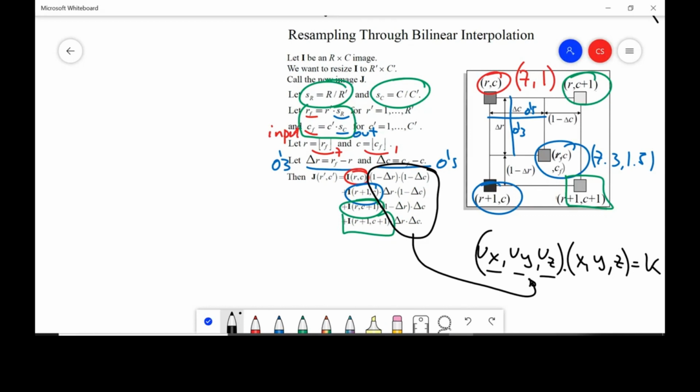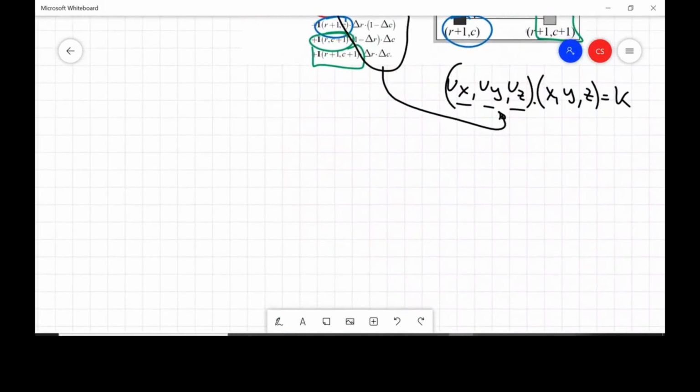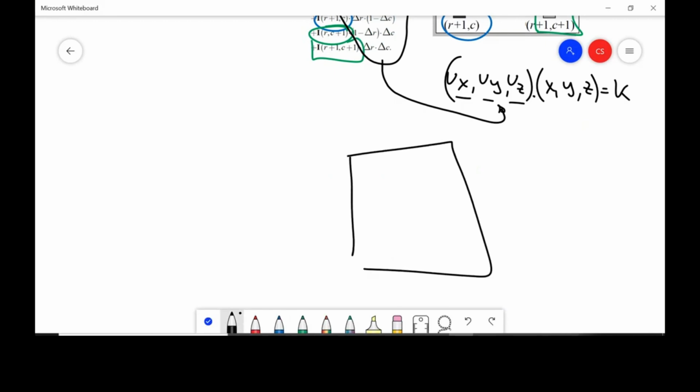So let's look at the different weights and see if they make sense or not. Let's replicate the figure again. Let's say that we have this picture. This is where I want to interpolate, in that location.